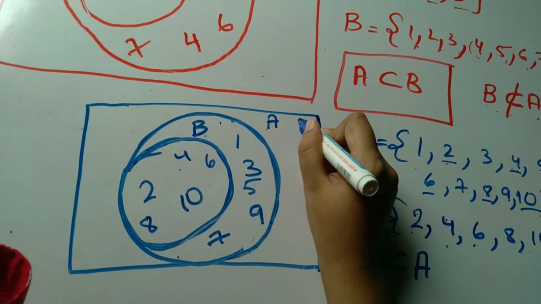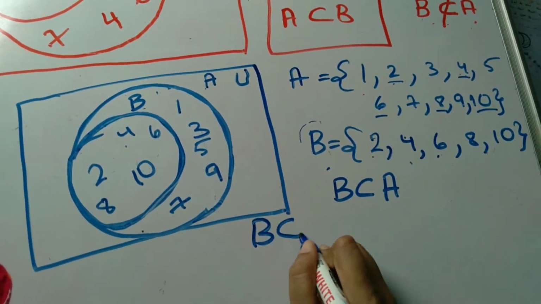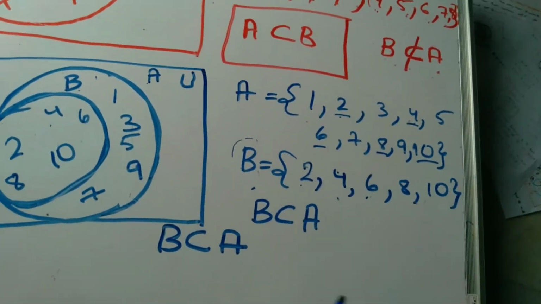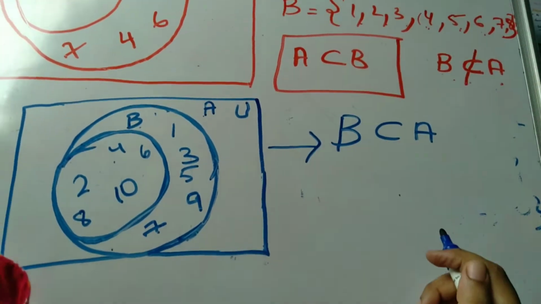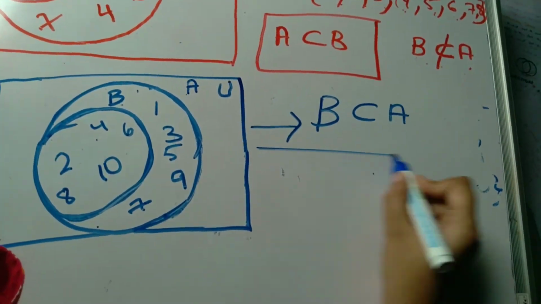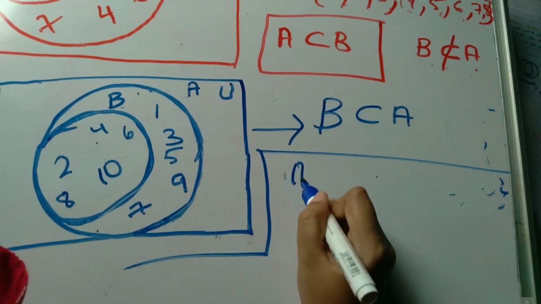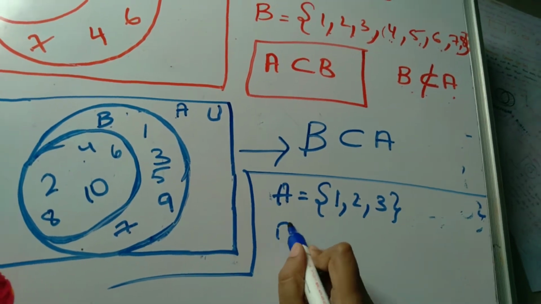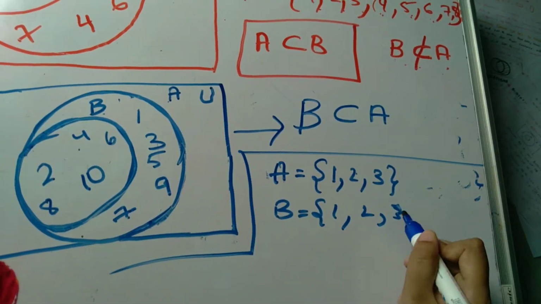How will we write this? B is a subset of A. We write it like this. What will be the condition if A is 1, 2, 3 and B is 1, 2, 3?